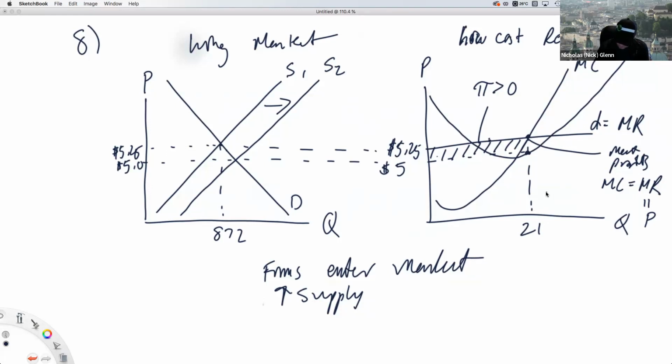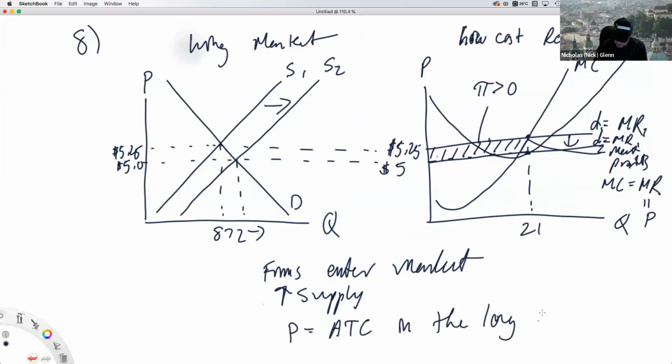But overall, what's going to happen? Let's just assume this is the new demand curve. Things are going to shift down, and in total, there's going to be an increase in wings produced in the market because of this excess profit that we have. Firms are going to enter, increase the supply, and bring this down where the price level equals average total cost in the long run, because there are zero economic profits in the long run for a perfectly competitive market.